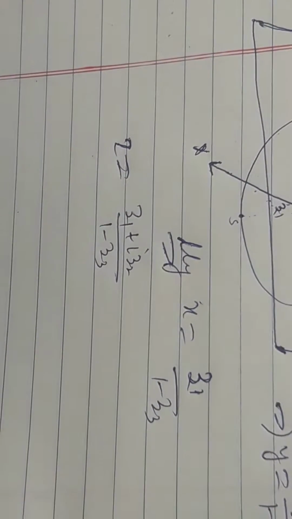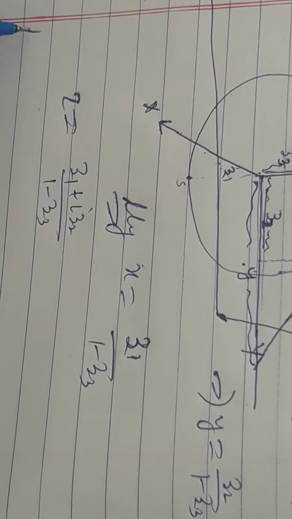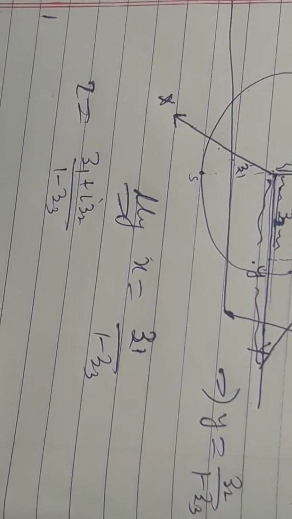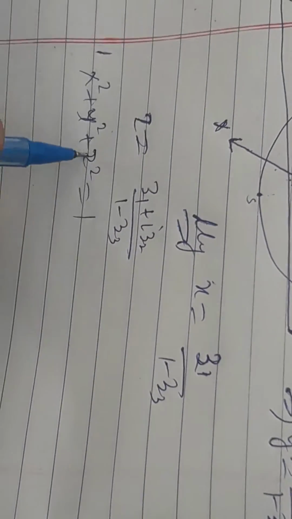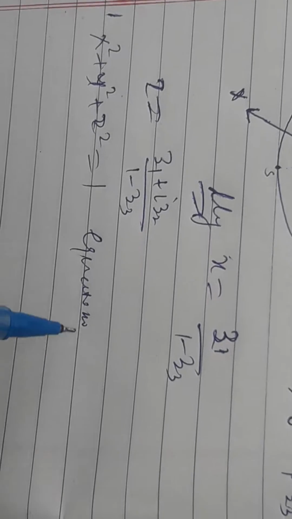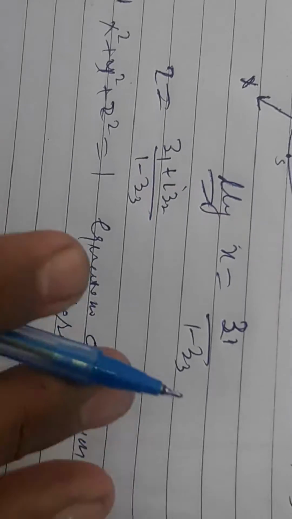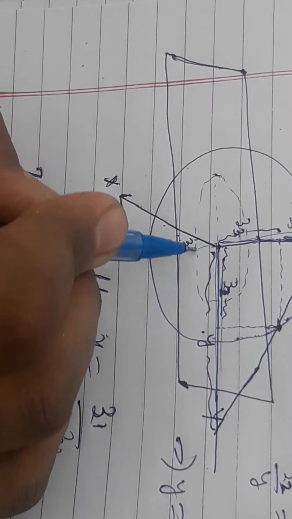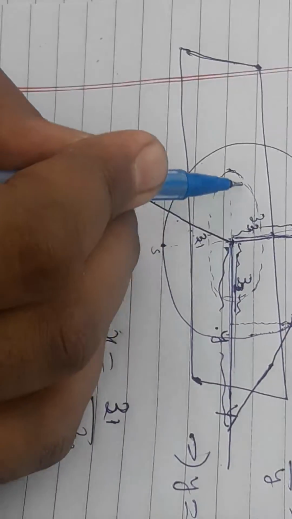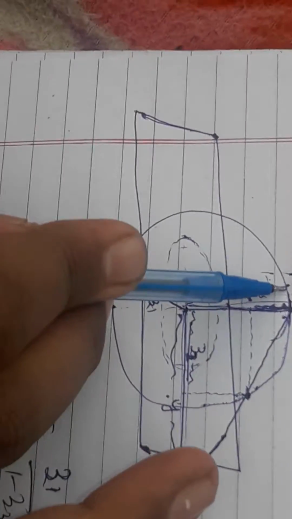Does its converse exist? You may also take the inverse. It also exists by using the equation of constraint on the sphere, x square plus y square plus z square equal to 1. The equator portion is the unit circle. This is the equator part of the Riemann sphere. Corresponding to every point on the Riemann sphere, there must exist at least one point on the complex plane.